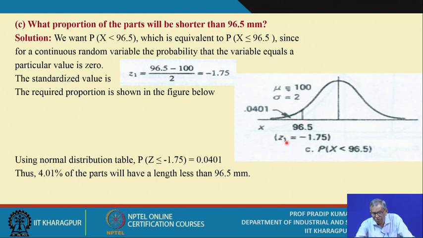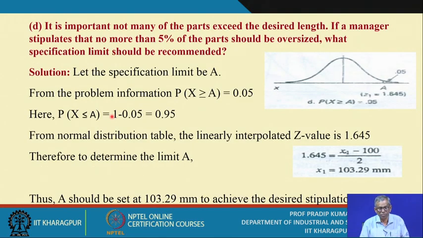So against a z value of minus 1.75, the area under the curve up to minus infinity is 0.0401. So that means 4.01% of the parts will be shorter than 96.5. Okay, so these are the simple examples.